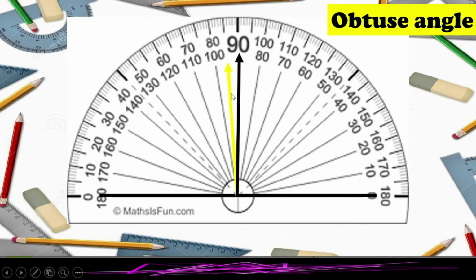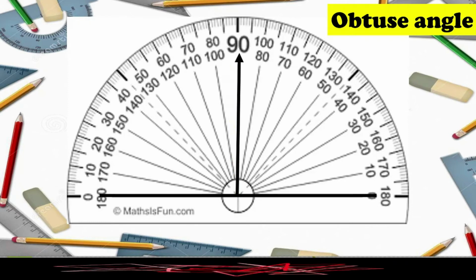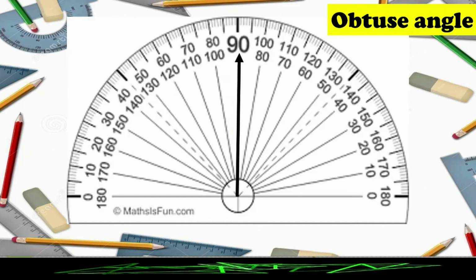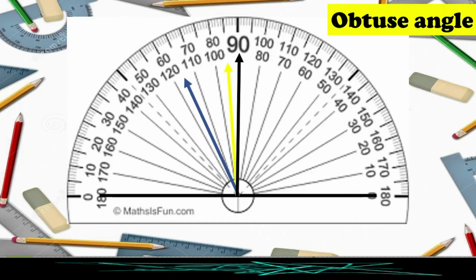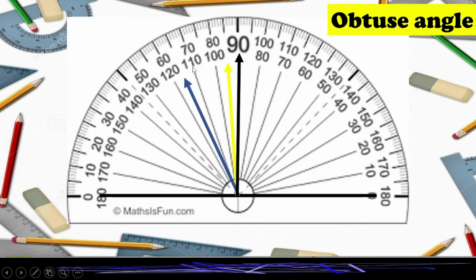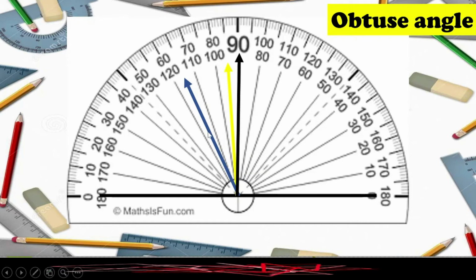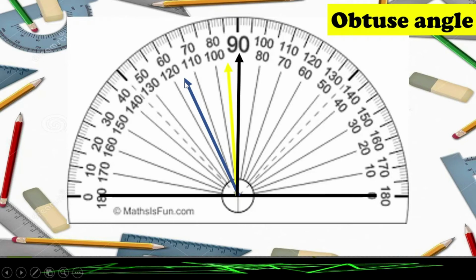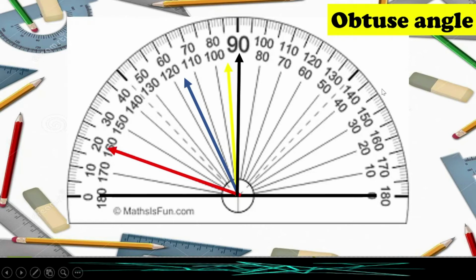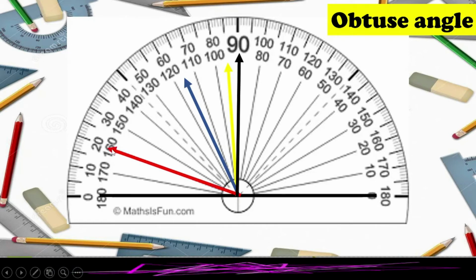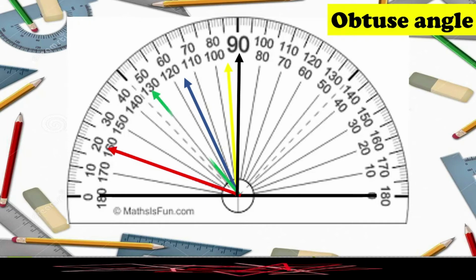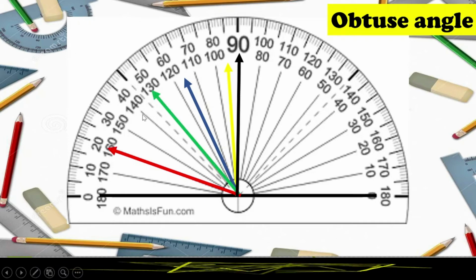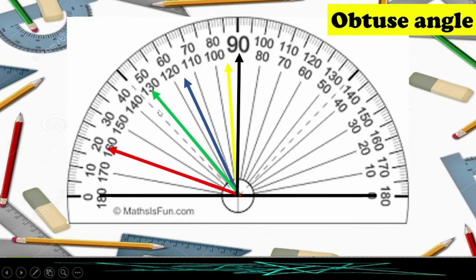So that is already an obtuse angle. Next, 110, 115. That is obtuse angle. Next, 160. That is an obtuse angle. 130. That is an obtuse angle.